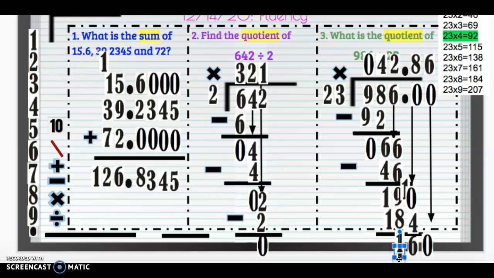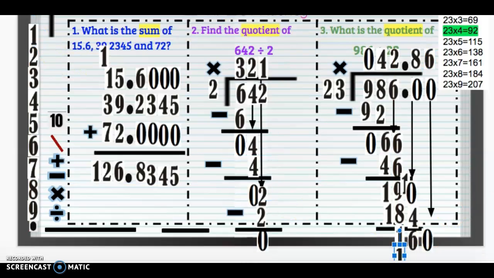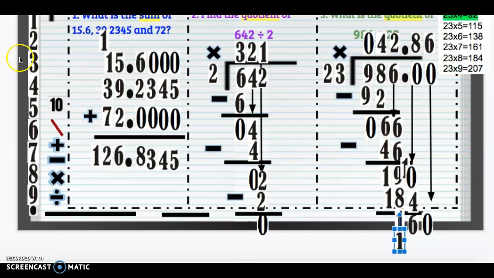So you put it below so you can see it. 1, 3, 8.